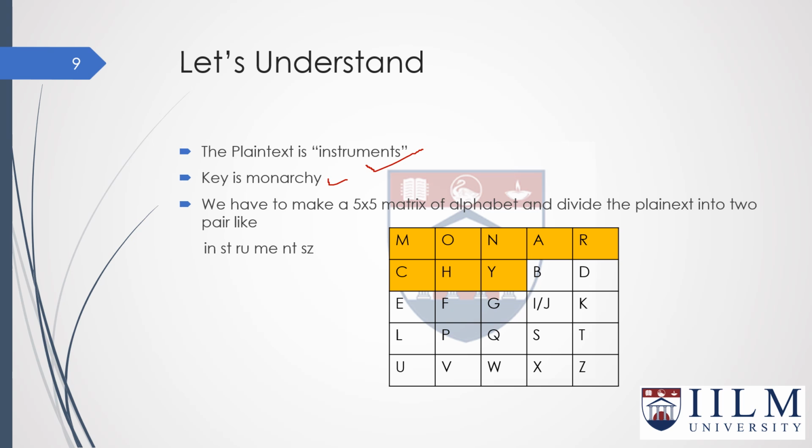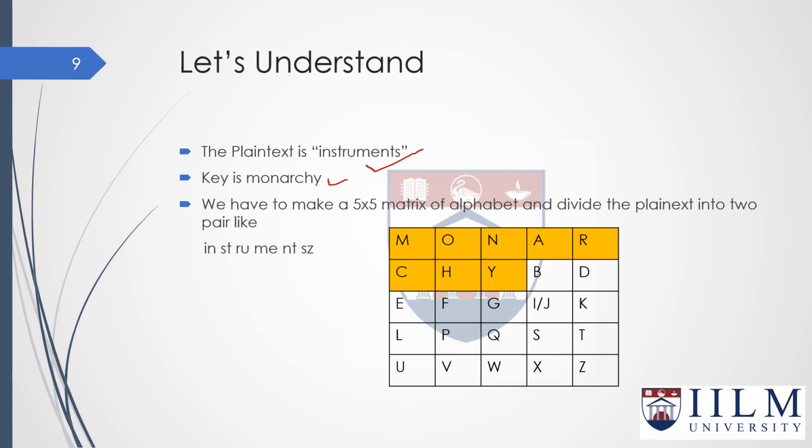Then K, L, M is here, N is here, O is here, P, Q, R is here, S, T, U, V, W, X, Y is here, and now Z. So understand? First, we need to create this particular matrix.